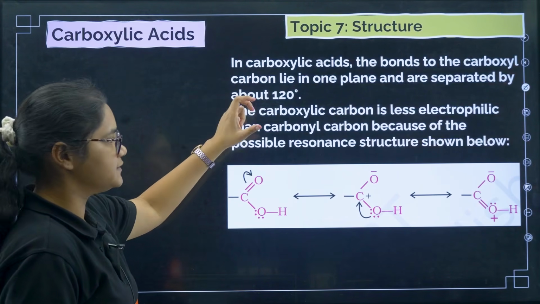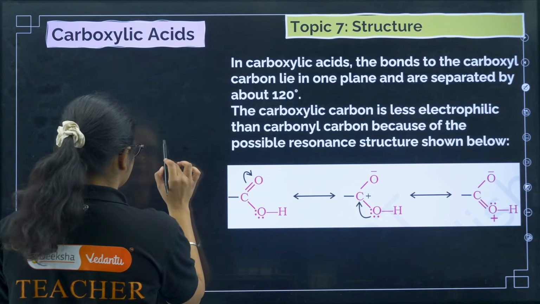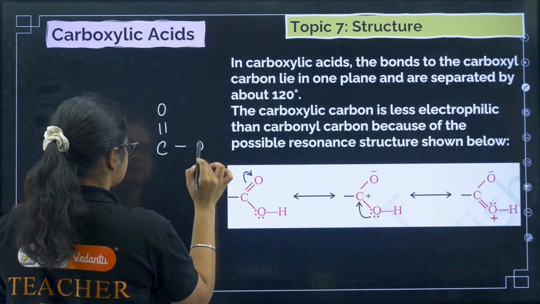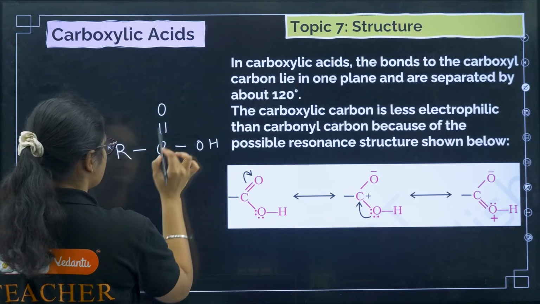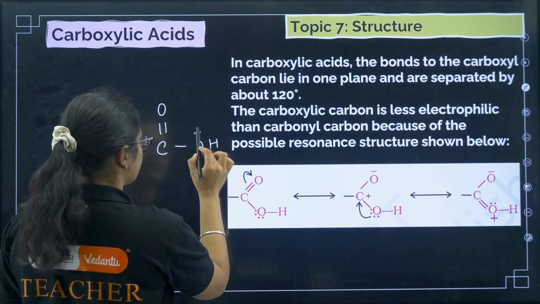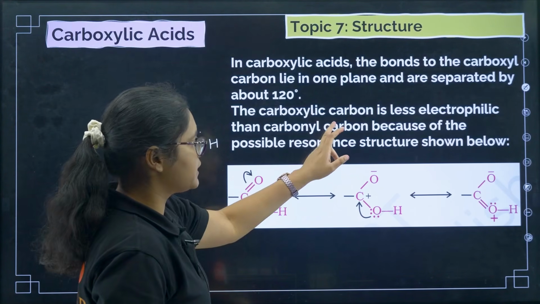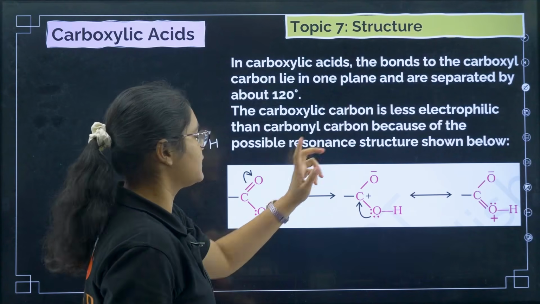In carboxylic acids, the bonds to the carbon lie in one plane because it is sp2 hybridized. See this, all bonds lie in one plane. Here there is resonance. Resonance takes place, so the carboxylic carbon is less electrophilic than the carbonyl carbon.